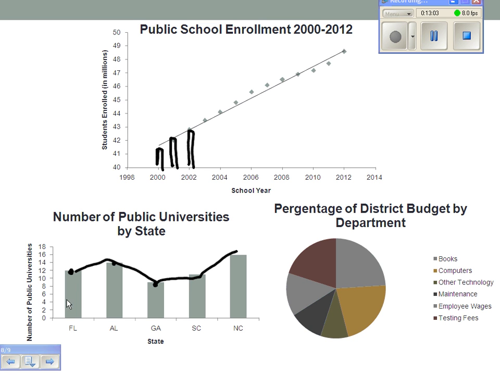Why would you want to connect Florida and Alabama? And to go a little bit further, why would you want to connect Florida and then Alabama and then Georgia and then South Carolina and then North Carolina? Okay, if you ever run into something like this, you're trying to make a line, or you're trying to think, am I doing a line or a bar? Think, should I be connecting these two things with a line? If not, you want to go for a bar. Okay?